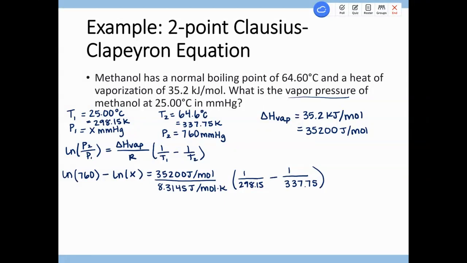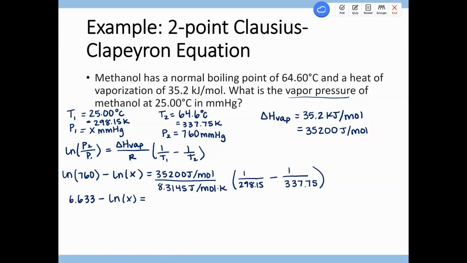On the left side of the equation, in the calculator, we can find the natural log of 760. That is 6.633. So we have 6.633 minus natural log of x is equal to the right side of the equation. All we have here are numbers, so we can simplify this whole right side.